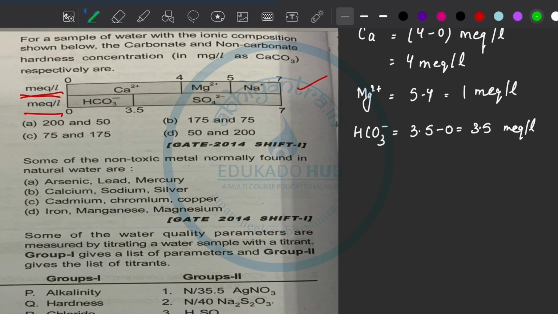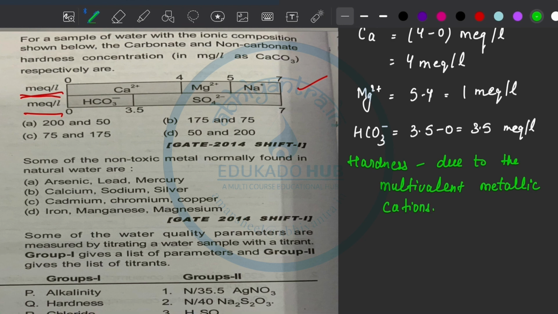What is hardness? Hardness is nothing but it is due to the multivalent metallic cations. So hardness is due to the multivalent metallic ions or cations, to be specific.